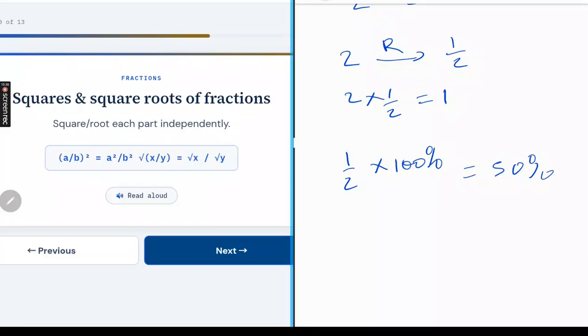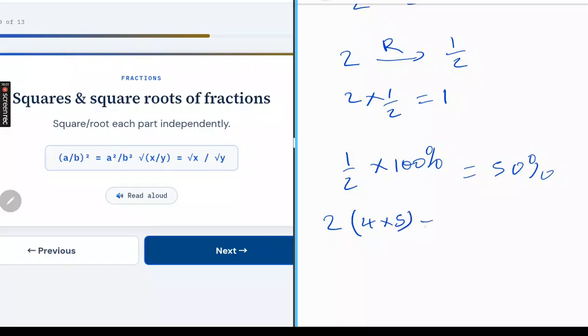Next concept here is square and square root. Let me just demonstrate for you. You see that 2 times 20 is what? 40. Now, using number bound, 20 is the same thing as 4 times 5.